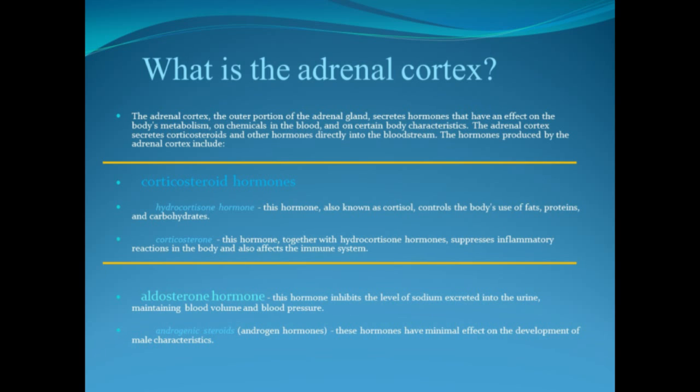Again, if we read, we can see that each layer has very specific functionality in the sense of what chemicals or hormones it produces, and they are very, very specific.